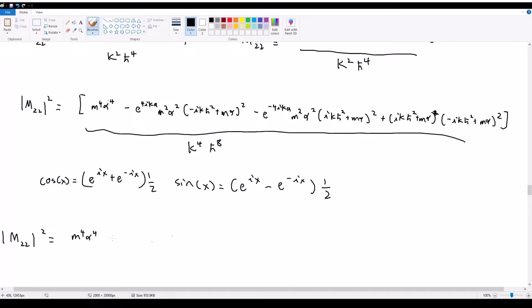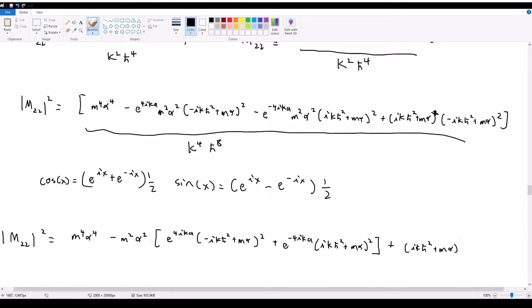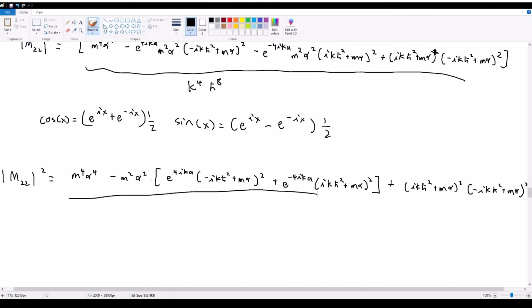So I'm going to be subtracting m squared alpha squared in both cases, and then e to the 4ika times negative ik h bar squared plus m alpha squared plus e to the negative 4ika times ik h bar squared plus m alpha squared, and then finally plus ik h bar squared plus m alpha squared times negative ik h bar squared plus m alpha squared. And then all this is once again divided by k fourth h bar eighth.